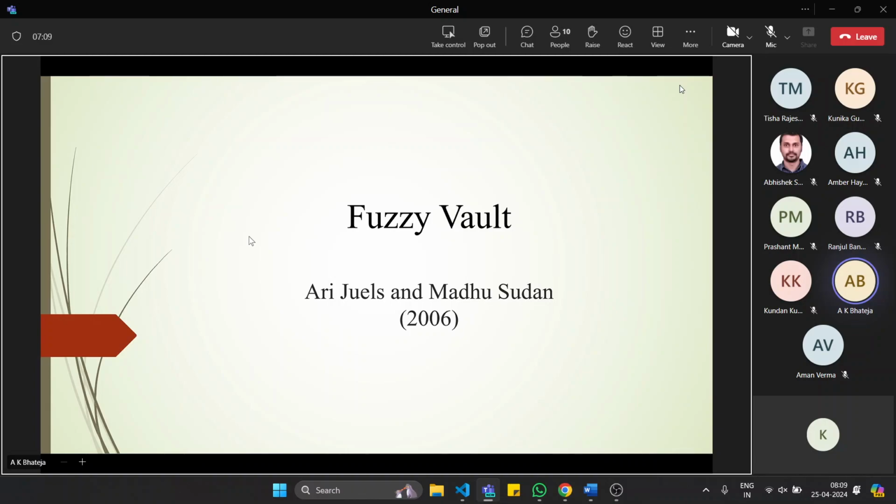Maybe you can say the intersection of X and X dash is more than some threshold value. So an attacker without knowledge of the biometric feature vector, that is X, cannot decommit and cannot find the secret.